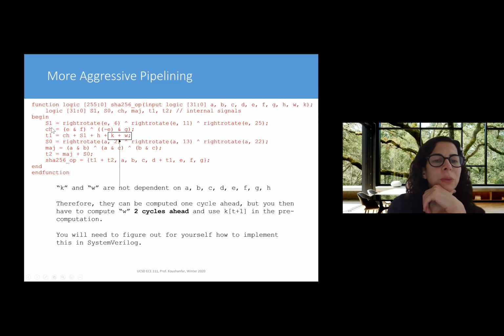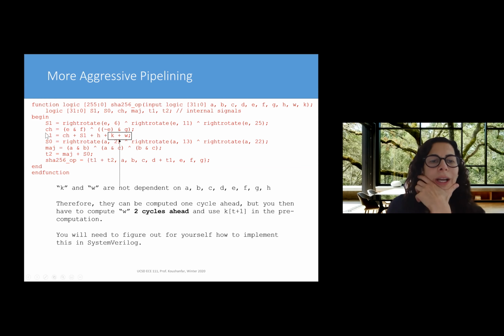For S1, we take the value in the register E, and we do right rotation and shift.